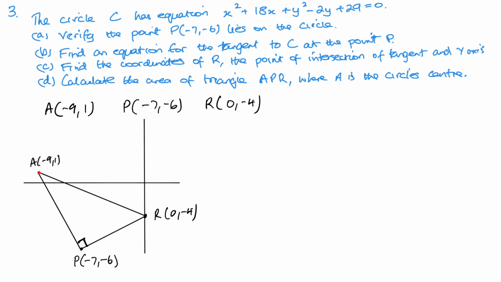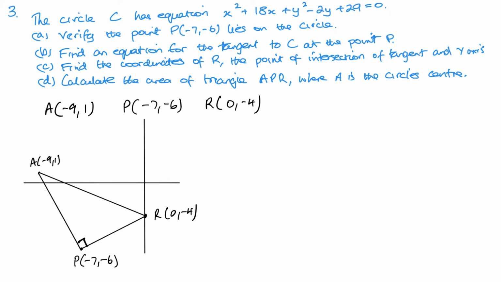Now remember that A to P, A is the center of the circle, P is on the edge, so this is a radius here. And then we've got the tangent at P that hits R. So this is a tangent to the radius, so it's got to be 90 degrees, and that's important for us to be able to find the area of this triangle.